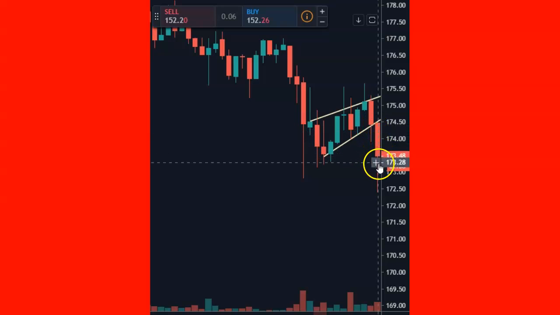So I probably would have taken profits though whenever I saw that it went down. You see how this wick went all the way down to here? I would have put my stop at the very bottom of this wick right here. I'd have taken profits, excuse me, at 172.83 is where I would have taken profits.